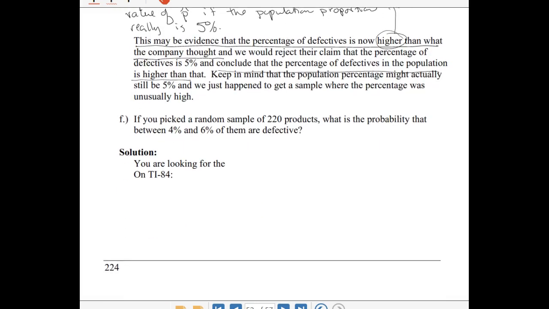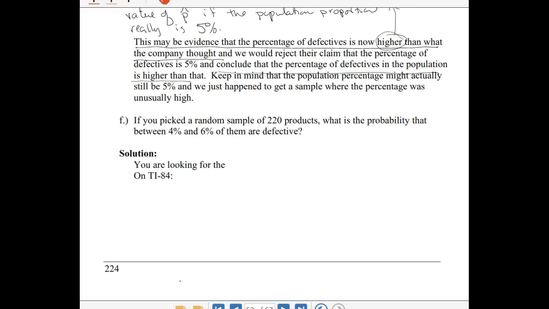Part F says if you picked a random sample of 220 products, what is the probability that between 4 and 6% of them are defective? In this case, we're looking for the probability of getting a p-hat between 4% and 6%, or we can write that as 0.04 and 0.06.